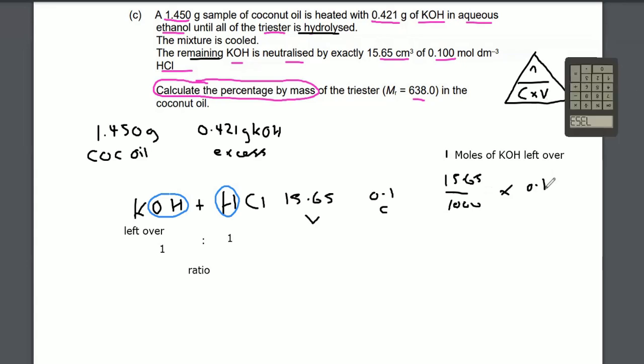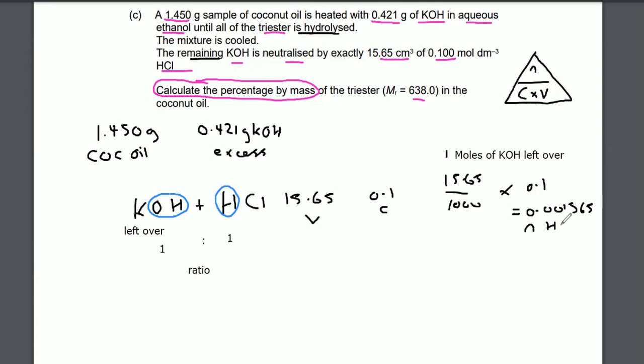And that's going to get us, if we whack that in the calculator, 0.001565 moles of HCl. We know it was one-to-one with the KOH, so that tells us we got 0.001565 also moles of KOH. And that was the moles of KOH left after it reacted with the triester.